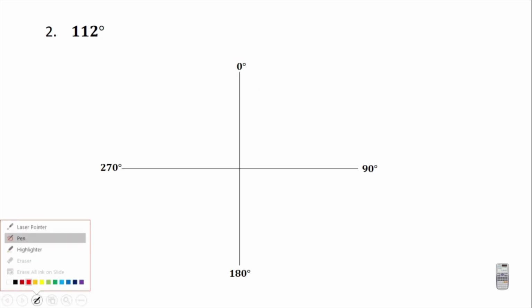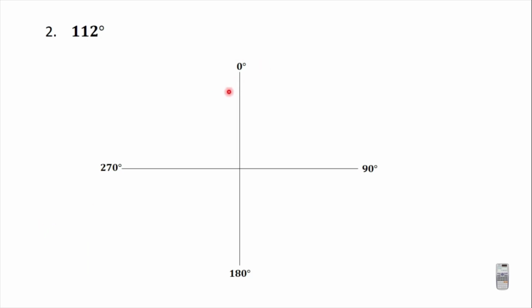Okay, now let's begin. We know that from 0 to this point here is 90, but the angle we are measuring is 112 degrees, which means that 112 degrees will be in this quadrant, in this area.